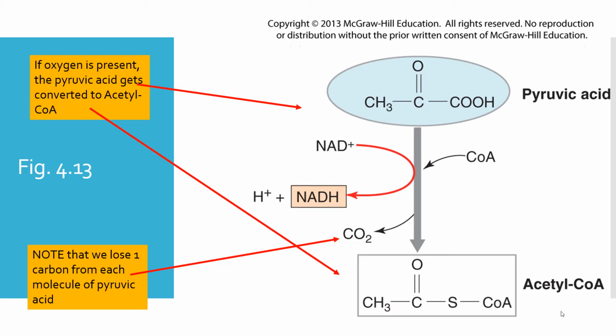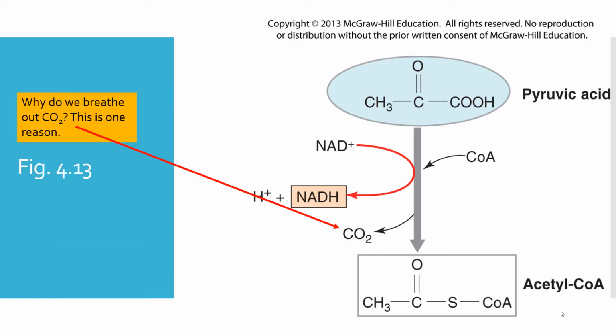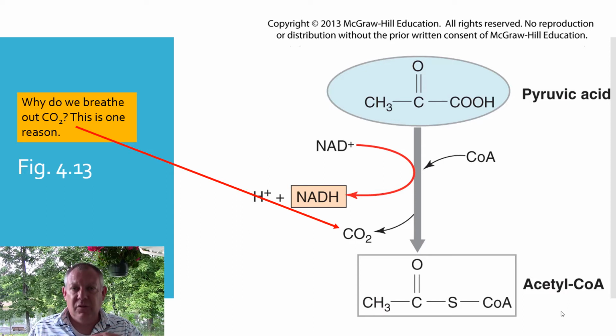And so you can see, as part of this figure, carbon being stripped off, forming carbon dioxide, and then you get rid of it. This is one reason why we breathe out CO2, right? You know that you breathe in oxygen, you breathe out CO2. Where does the CO2 come from? Right here. This and many other reactions I'm going to show you, but this is one spot.